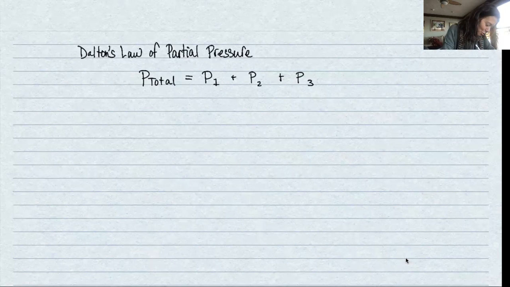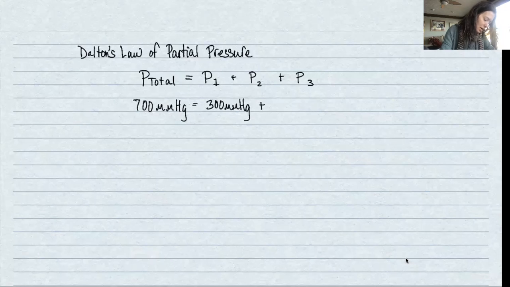If I have a total pressure of 700 mmHg, and I know that one gas has a pressure of 300 millimeters mercury, and the other gas has a pressure of 250 millimeters mercury, and there's only one more gas, then I can determine that the pressure of the third gas must be 150 millimeters mercury.